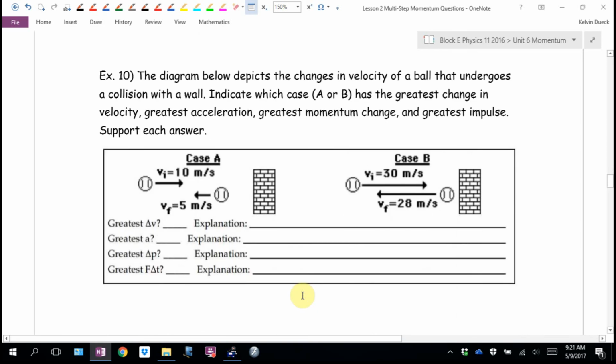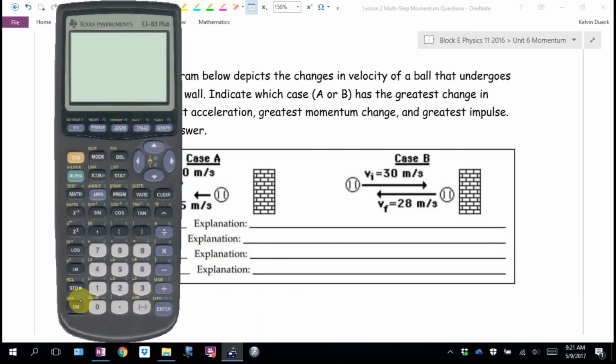Last question. The diagram below depicts the changes in velocity of a ball that undergoes a collision with the wall. Indicate which case, A or B, has the greatest change in velocity. Let's calculate it. What's change in anything, Patrick?